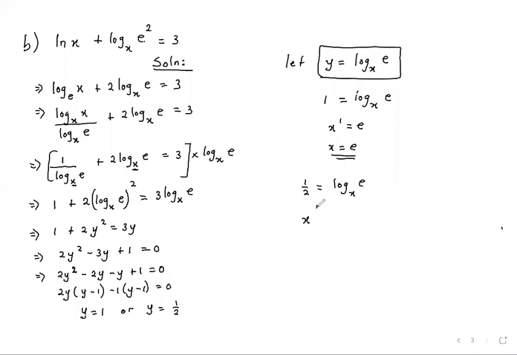Again, x to the power half is equal to e. We square, because we are looking for x. So we get x is equal to e squared. So we have the values of x. You can solve it in any way; you still get the same solution.